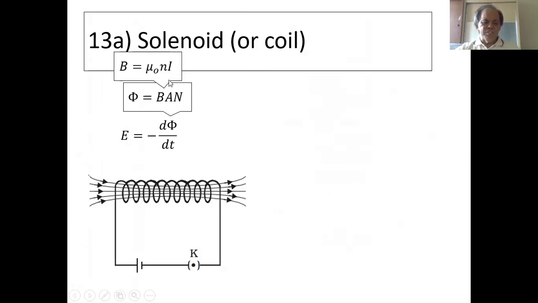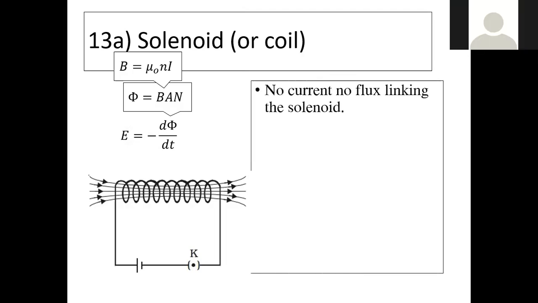Remember, if it's a solenoid, this is your mu naught, this is your small n, this is I. What does small n represent? Number of turns per unit length.